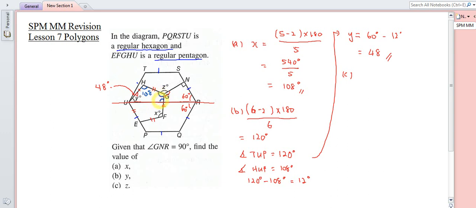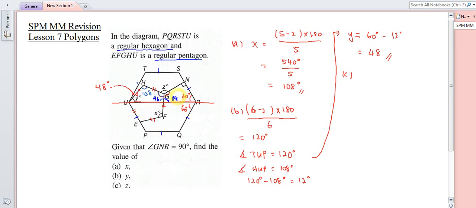So what's the angle here? You just take 360 minus 108 minus 108 minus another 48. So this angle will be equal to 96. If here is equal to 96, this angle will be equal to 180 minus 96, which is 84.